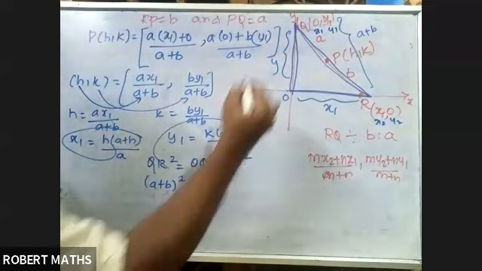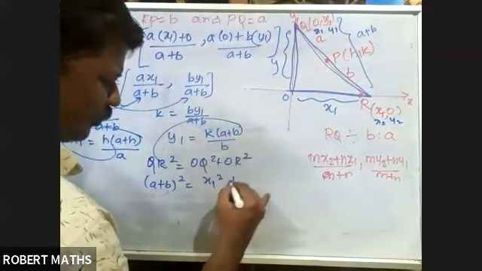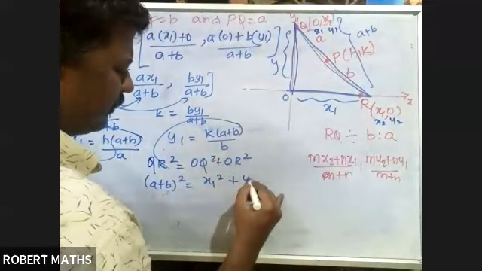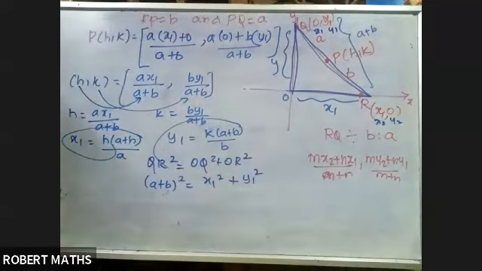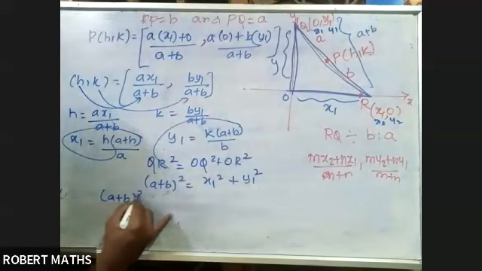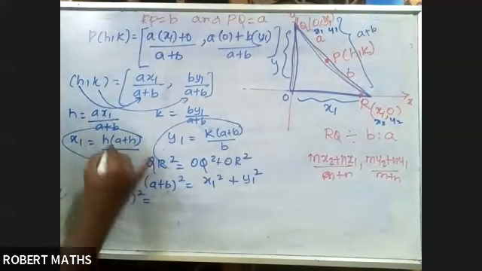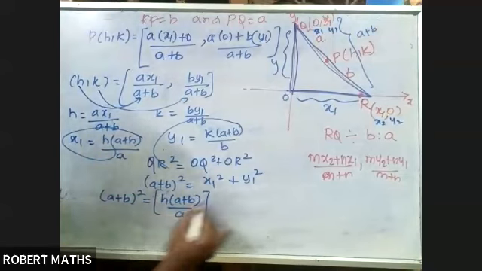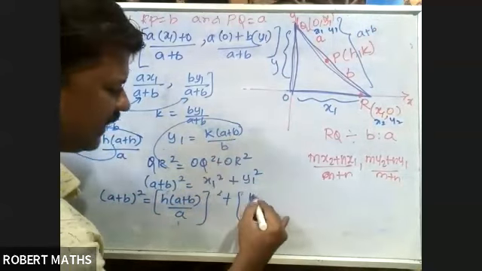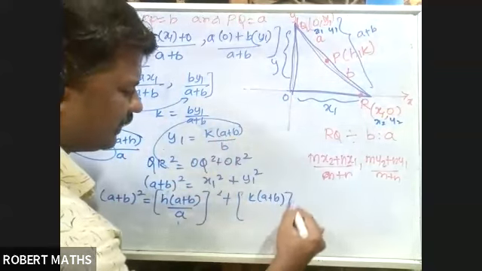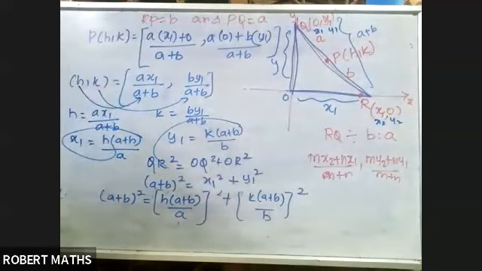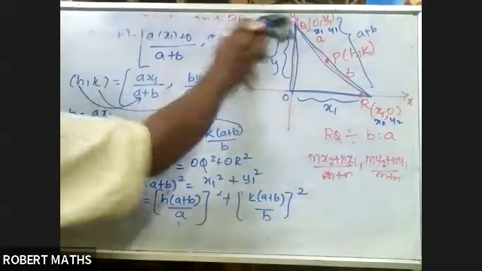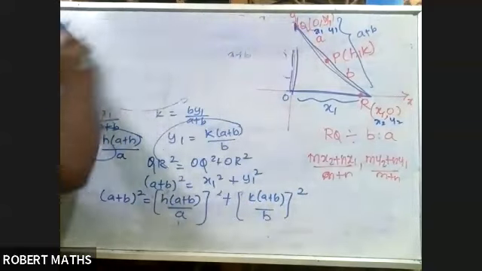OR square is x1 square and OQ square is y1 square. Now we get (a plus b) the whole square equals, what is x1? h into (a plus b) divided by a, the whole square, plus y1, what? k into (a plus b) divided by b, the whole square. Now you expand this, what will you get?